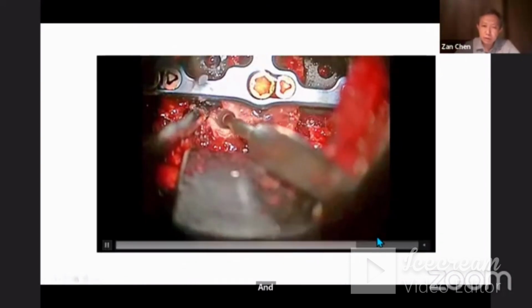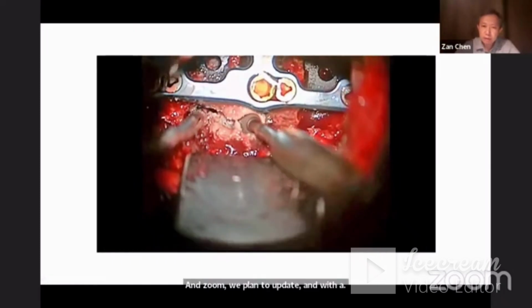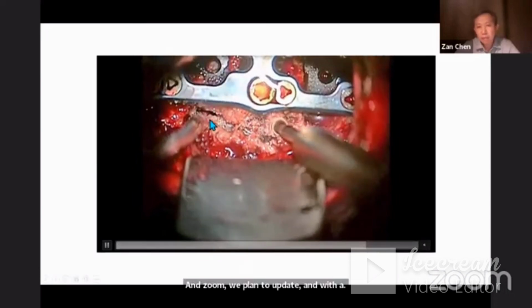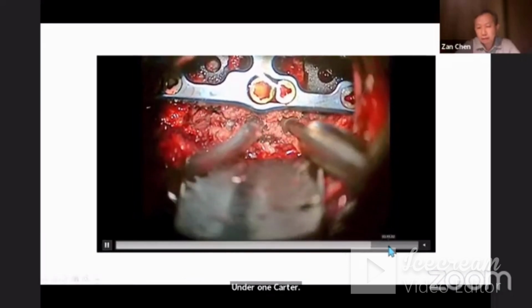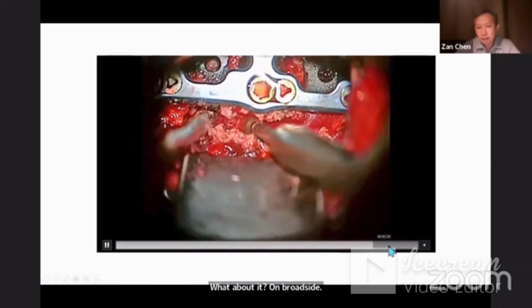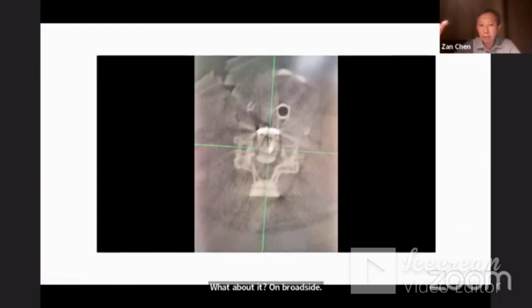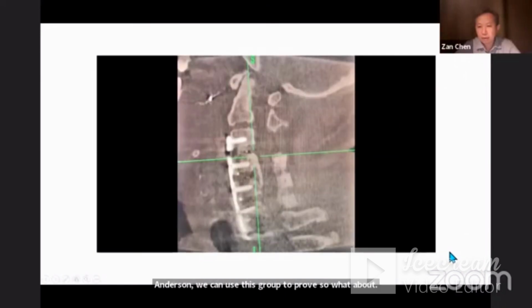And then we plant a plate, and then cut the vertebral body on the right side. And then we can use the screw to pull the vertebral body upward and decompress the spinal cord.